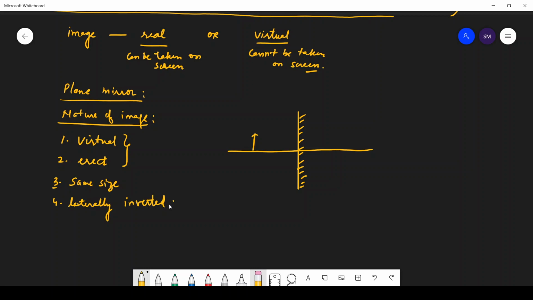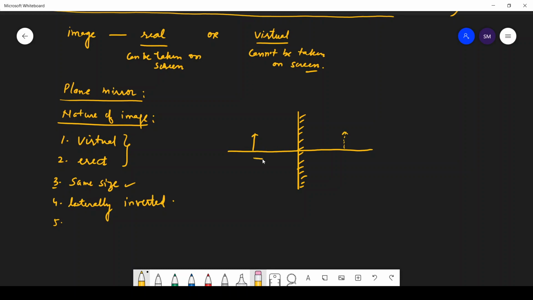Now we have spherical mirrors. In a plane mirror, the size of the object is the same as the size of the image, and the image is laterally inverted, and it is formed as far behind the mirror as the object is in front.